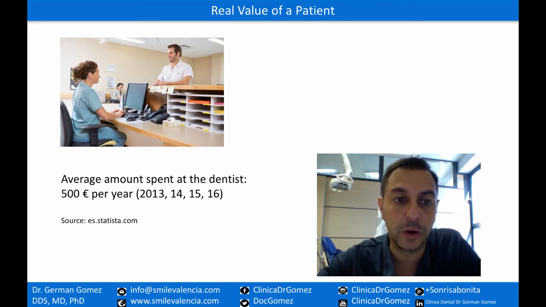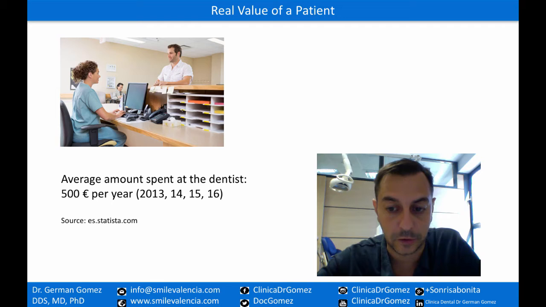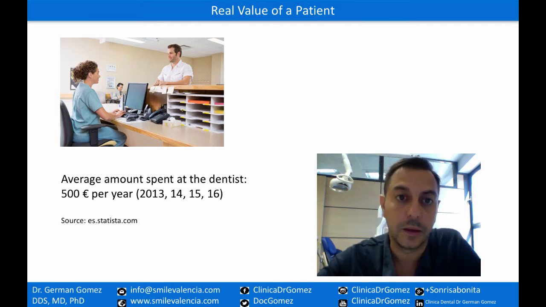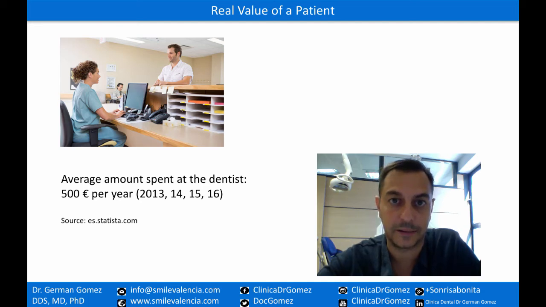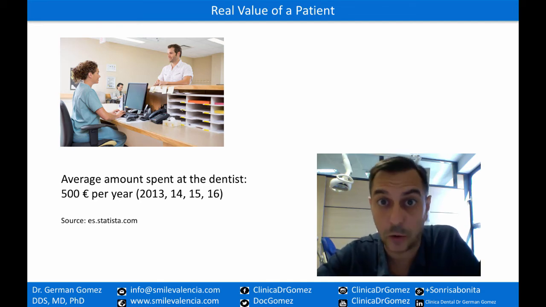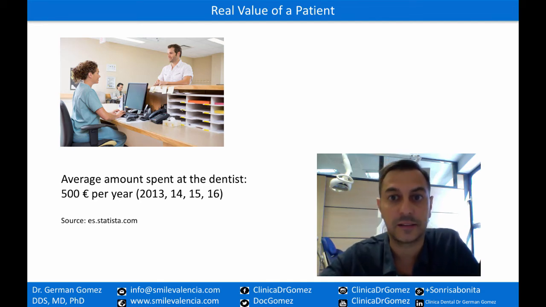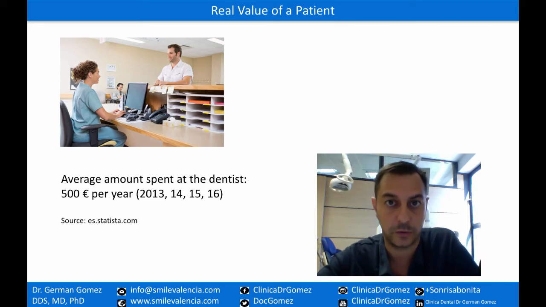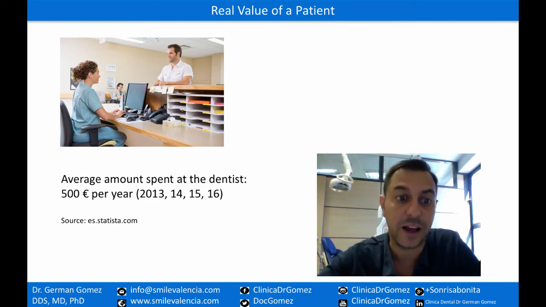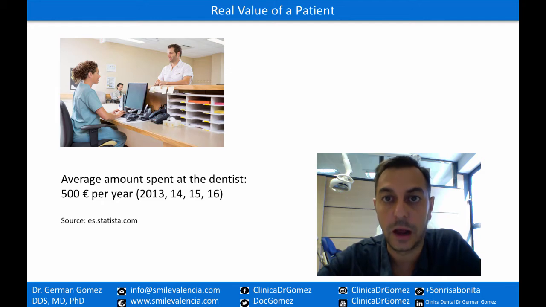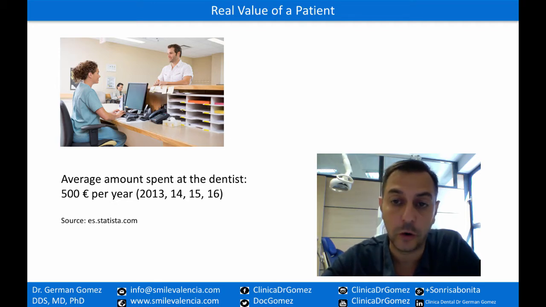Okay, so we know that in Spain, usually a patient, as a mean value, spends 500 euros a year at a dentist. Some spend 6,000 euros that year, and the next year they only spend 100 euros. Okay, but as a mean value, 500 euros per year are spent at the dentist, from every active patient. Good, that's a good number to know.